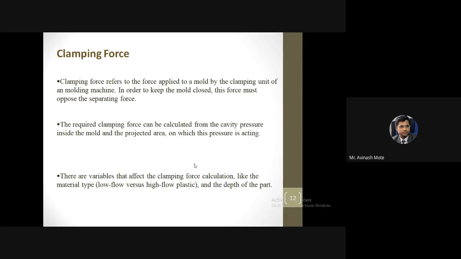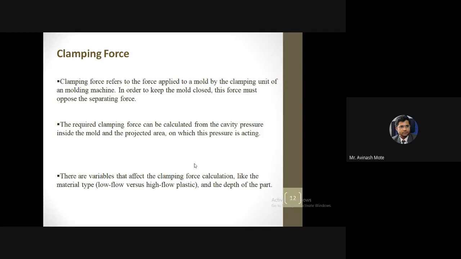So that the liquid or semi-liquid material will occupy each and every space inside the cavity. If flowability is good, the material will easily occupy every location on its own, so the pressure requirement will be less, and obviously the clamping force will go down.